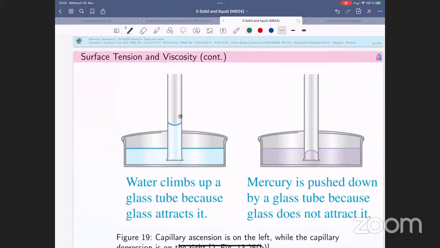But in this case, your tube should have a small radius. The tube should not be big. And that's the case for us.